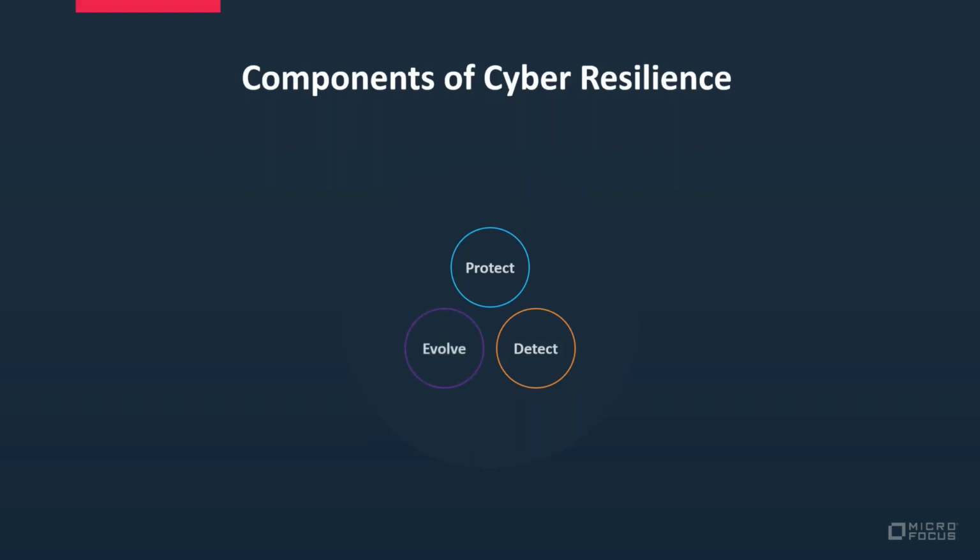The next concept is to be able to evolve. A major component within cyber resilience is the ability to adapt and evolve your security to stay ahead of different threats, because the hackers are constantly finding new ways to exploit vulnerabilities. And they know that there will be a fix for something that worked yesterday.